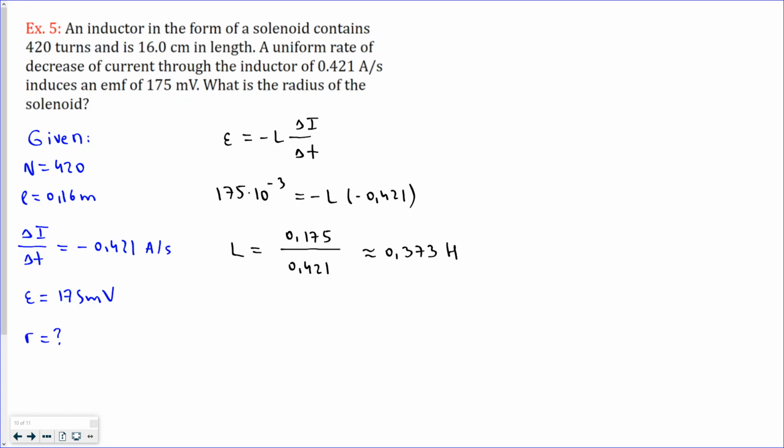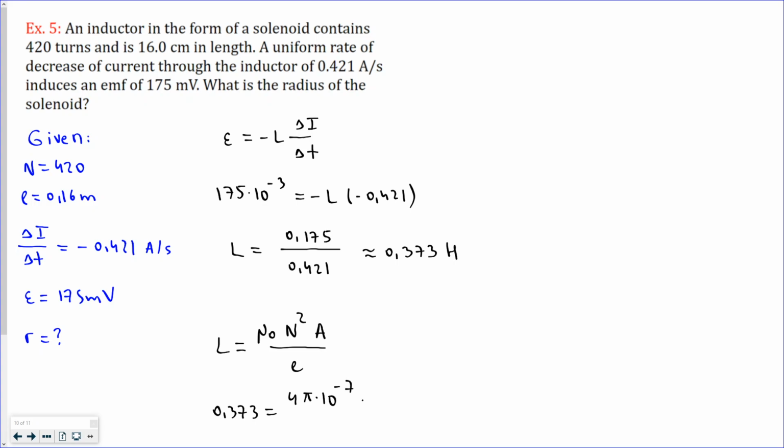Now we found the inductance, and by this equation we can find the area. How can we find area? Let's put the numbers. So L, we know it is 0.373, and it is 4 pi times 10 to the minus 7.